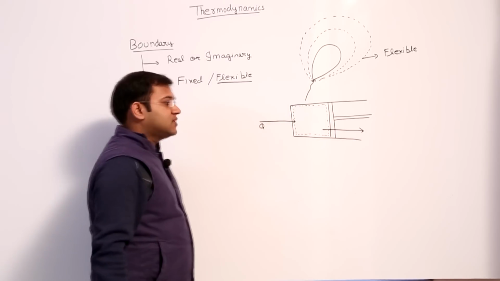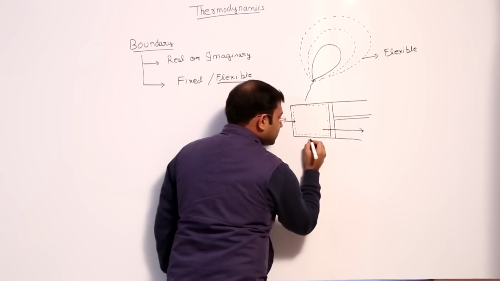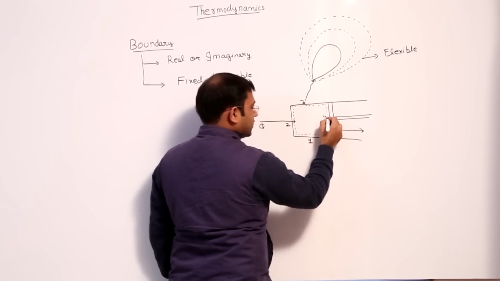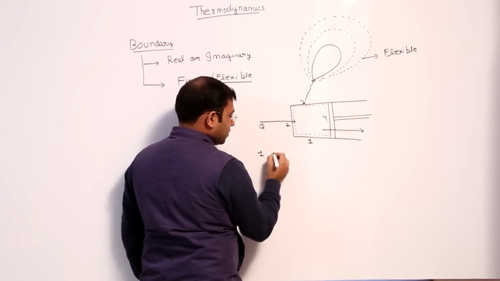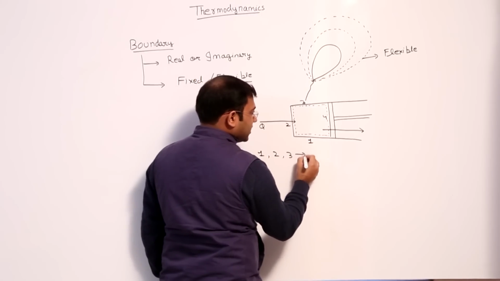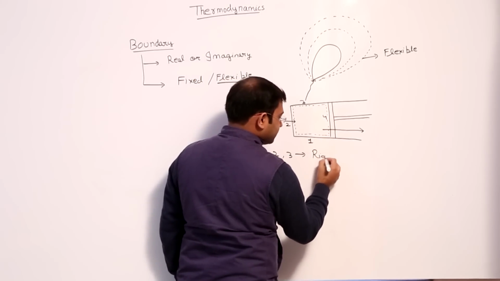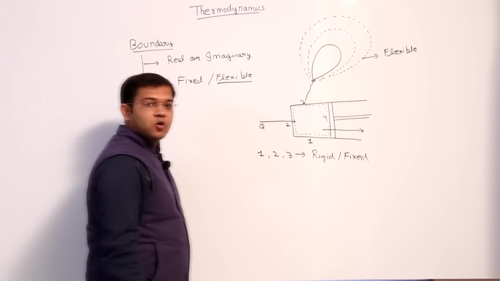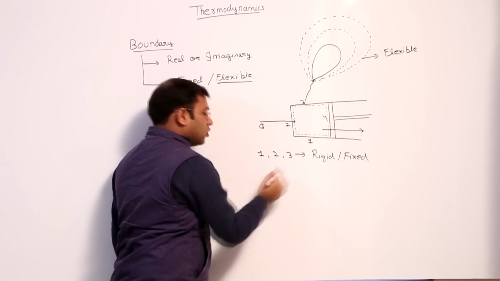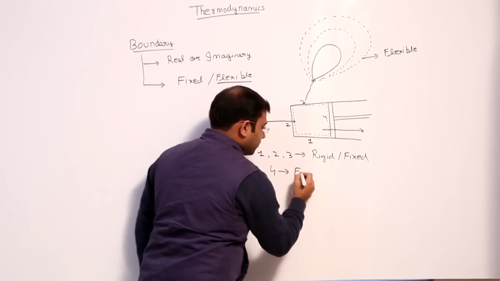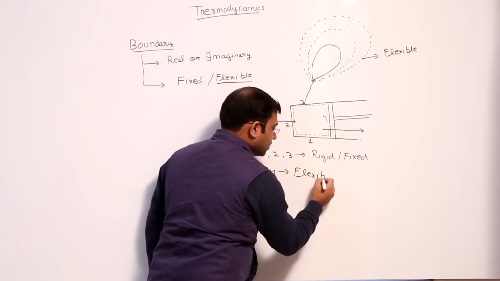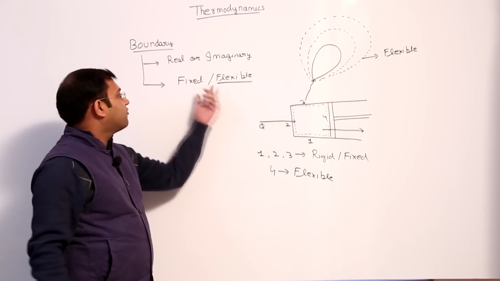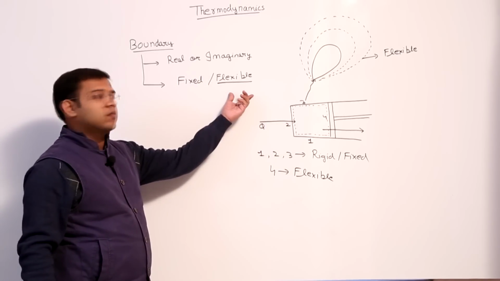Let this be surface 1, surface 2, surface 3 and surface 4. Surface 1, surface 2 and surface 3 are rigid or fixed, that means they are not moving, whereas surface 4 is moving, so it is known as flexible. So a piston cylinder arrangement is a combination of fixed as well as flexible boundary.